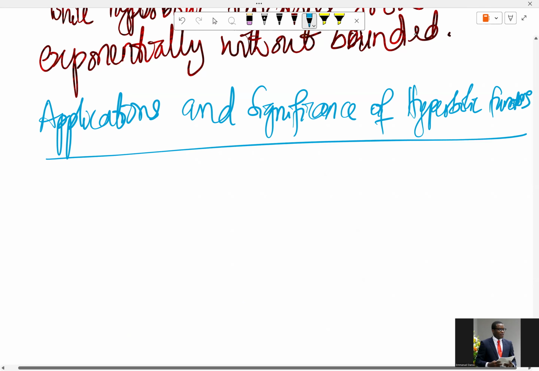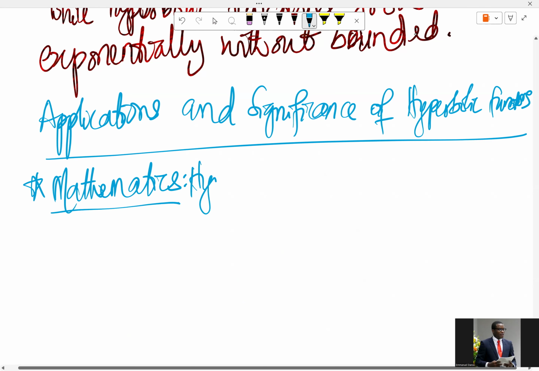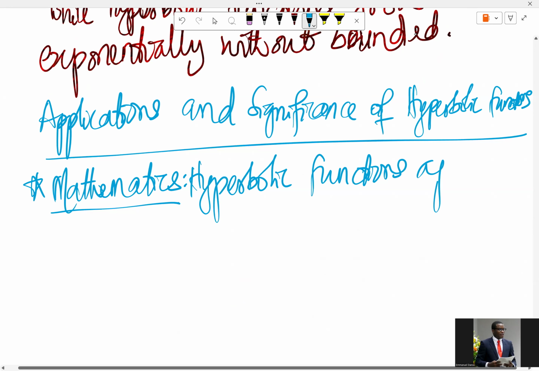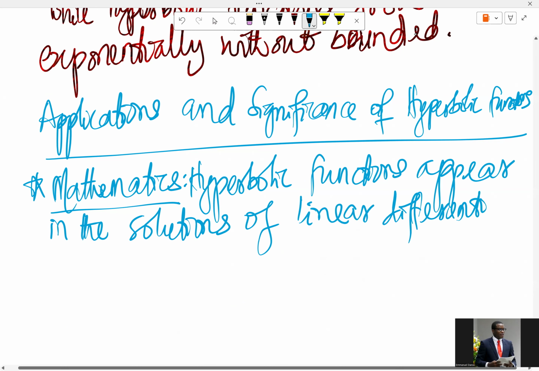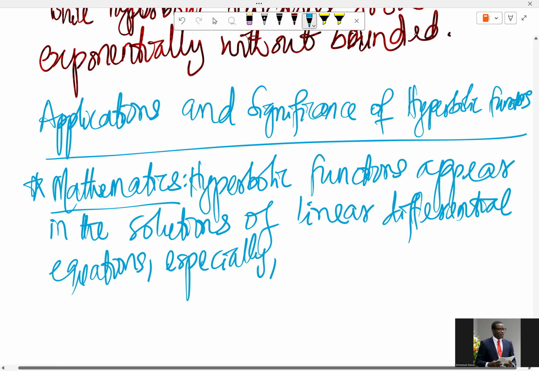Okay. So first of all, in mathematics, hyperbolic functions appear in the solutions of linear differential equations, especially those with constant coefficients.